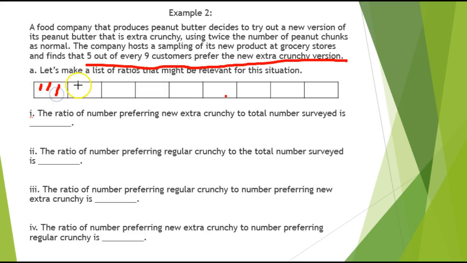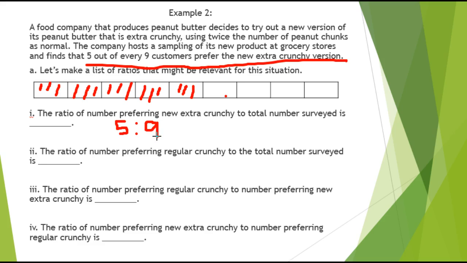And I'm going to fill in 5, because I know that 5 out of the 9 like the extra crunchy. If I know 5 out of 9, then that would leave me with 4 that like just the regular crunchy. So 1, the ratio of number preferring new extra crunchy to total number surveyed is, well, I colored in for my extra crunchy, so that gives me 5 to 9.